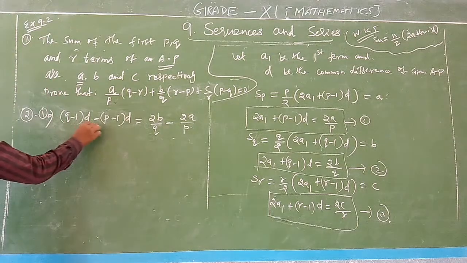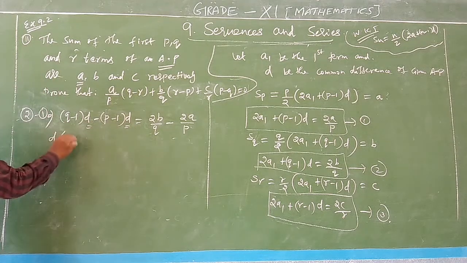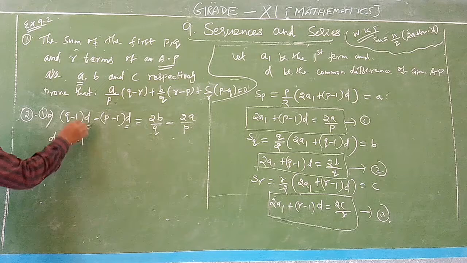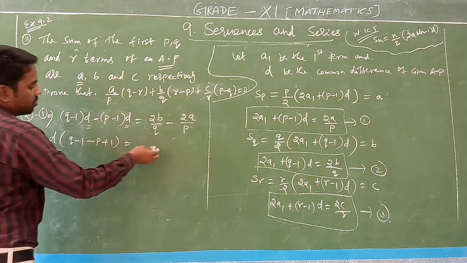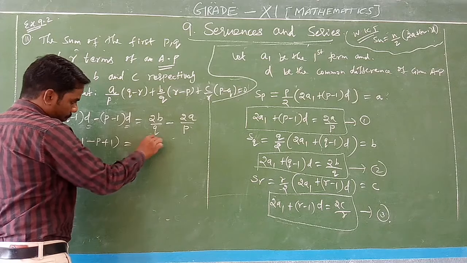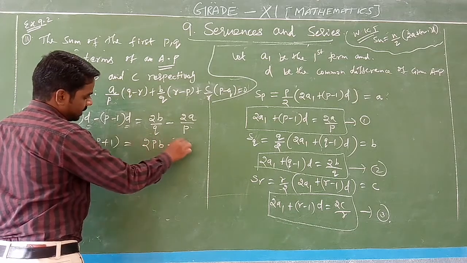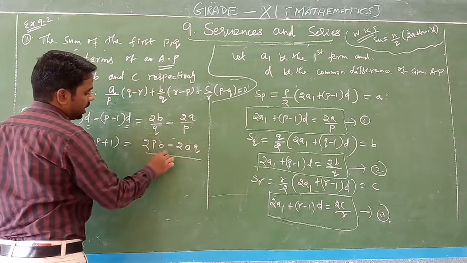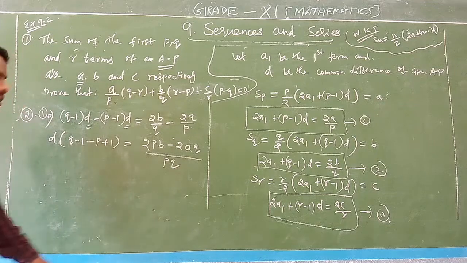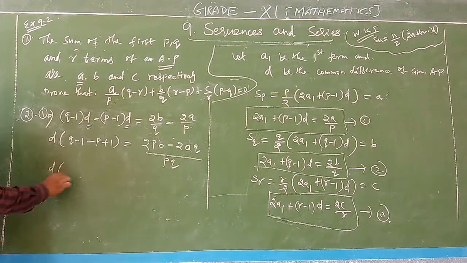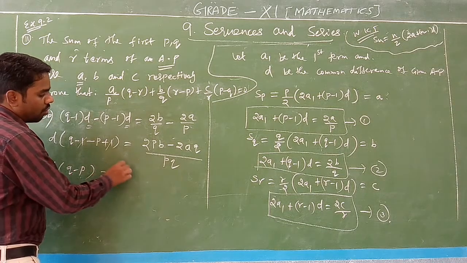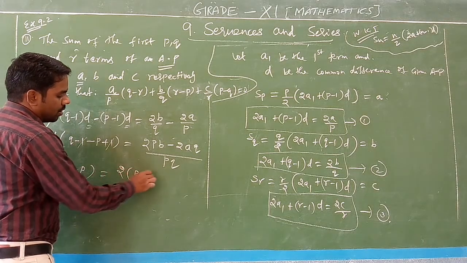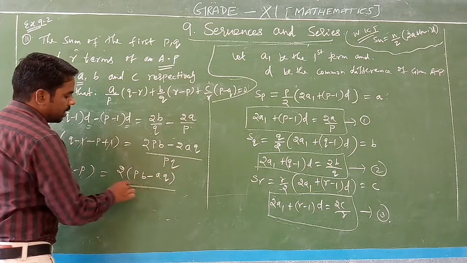Simplify this. d is common, so d of (q minus 1 minus p plus 1) equals, by cross multiplication, (2pb minus 2aq) divided by pq. The plus 1 and minus 1 cancel, so d of (q minus p) equals 2 of (pb minus aq) divided by pq.